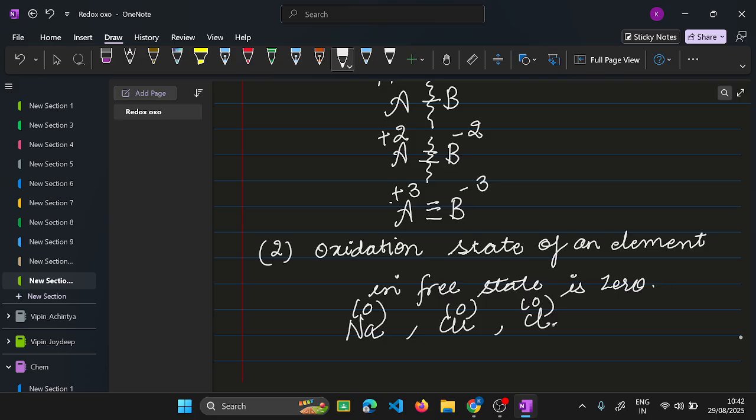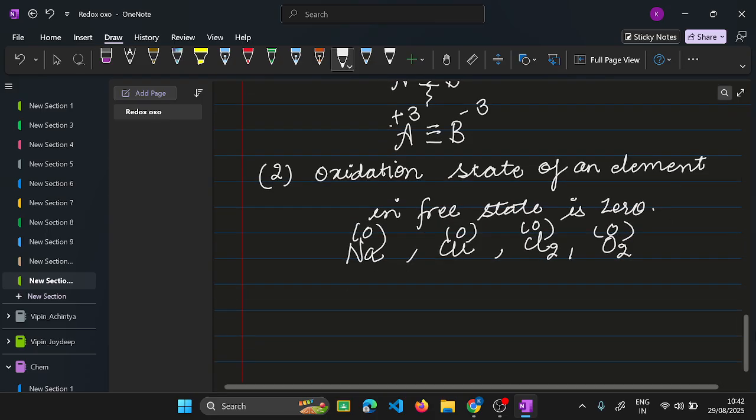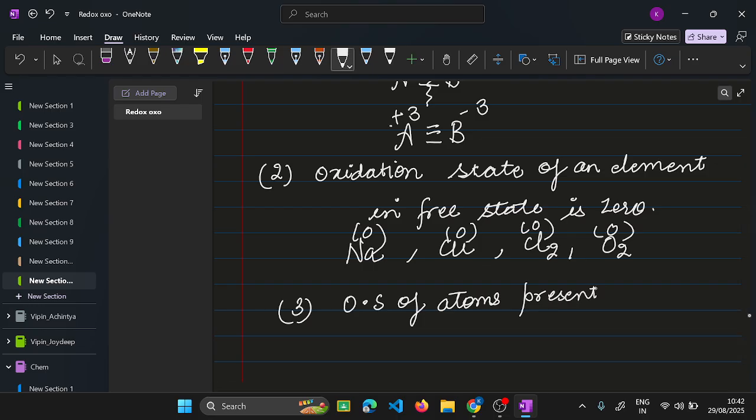Any doubt? Like oxygen and chlorine, which exist as Cl2, O2. Since these are in free state, what will be their charge? 0. This point I have already explained: the oxidation state of atoms present in a homoatomic molecule is 0.